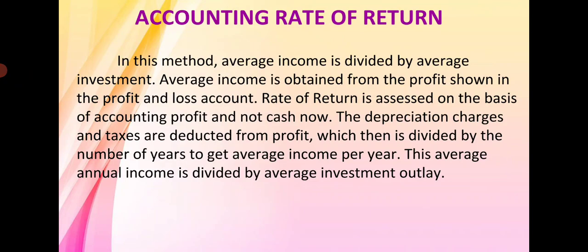And the formula of average investment is total value of investment plus scrap value, divided by 2. So again, this is the simplest method for capital budgeting. Now let's discuss its advantages and limitations.